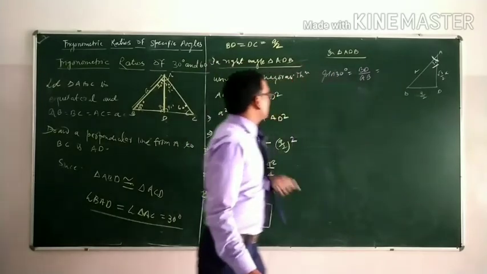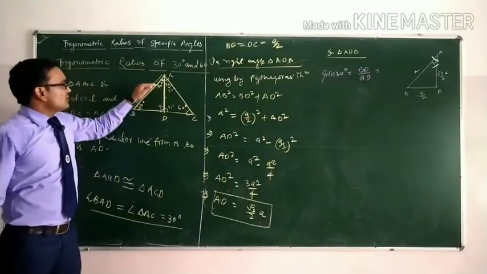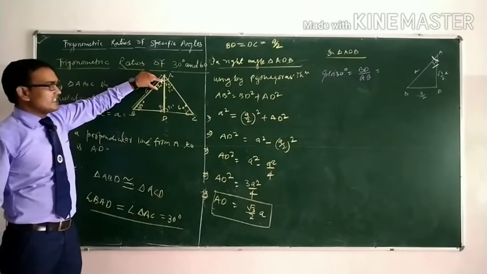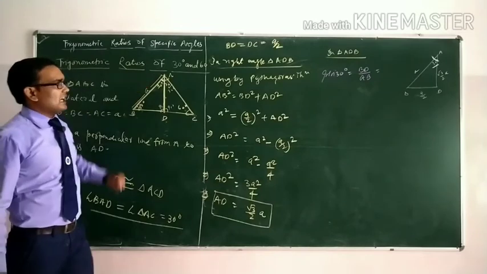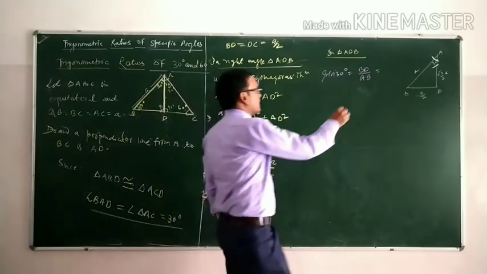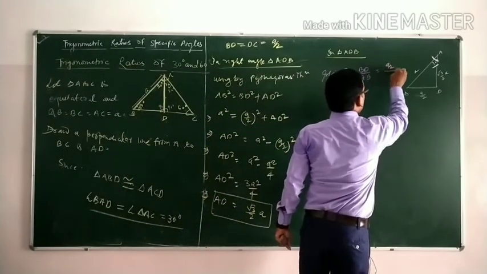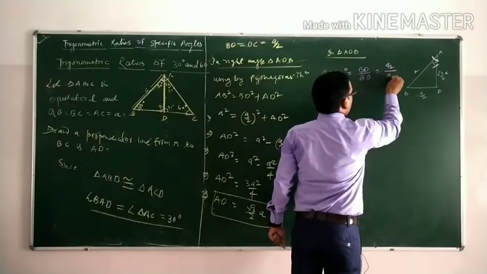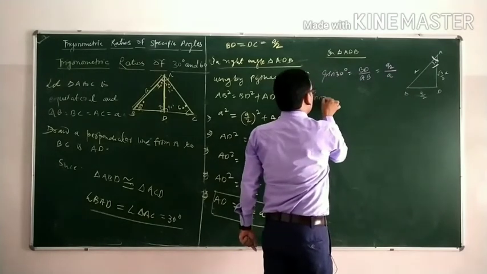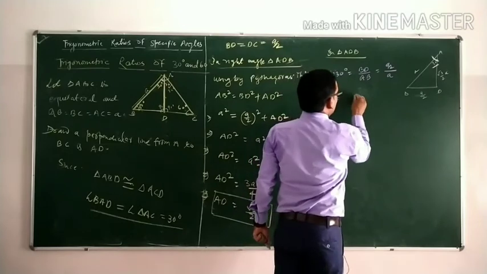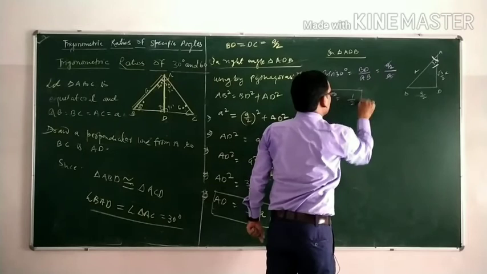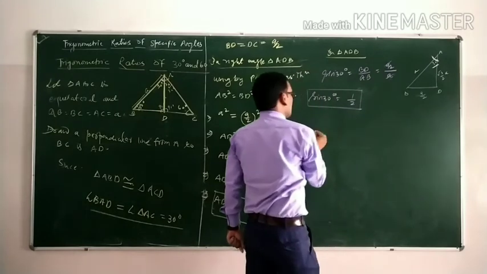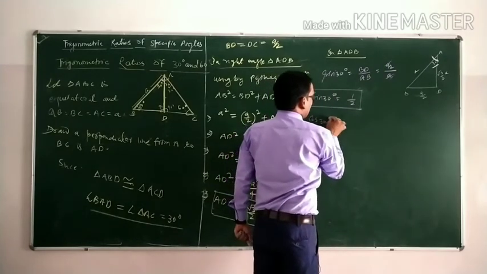In this figure, for angle 30 degrees, BD is the perpendicular side and AB is the hypotenuse. What is the value of BD? The value of BD is A by 2 and the value of AB is A. This implies that sine 30 degrees is 1 by 2. A will be cancelled.